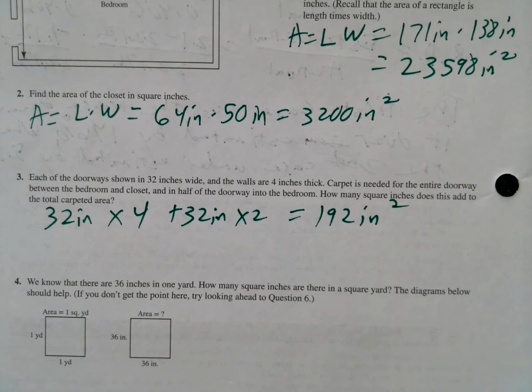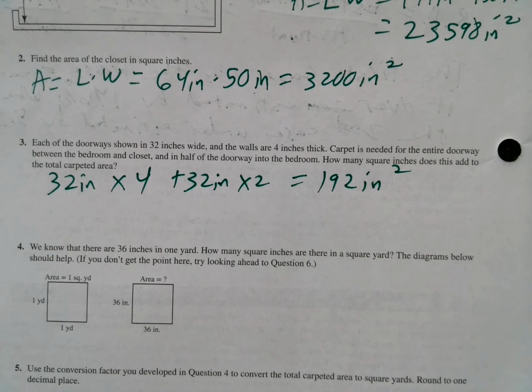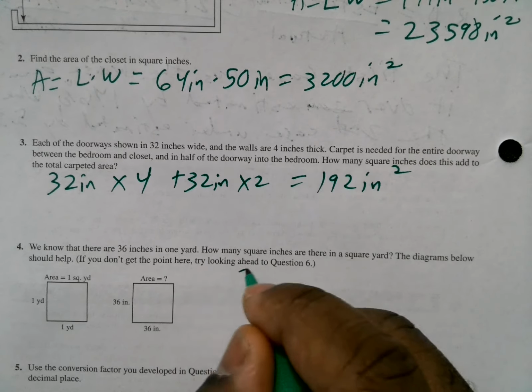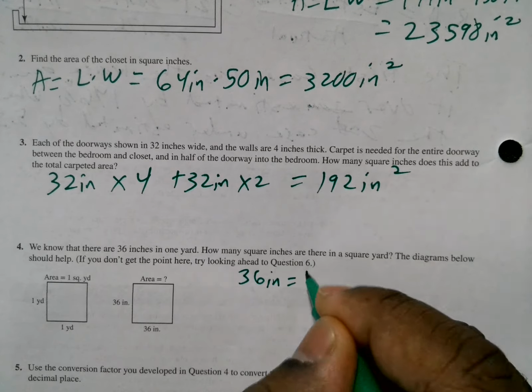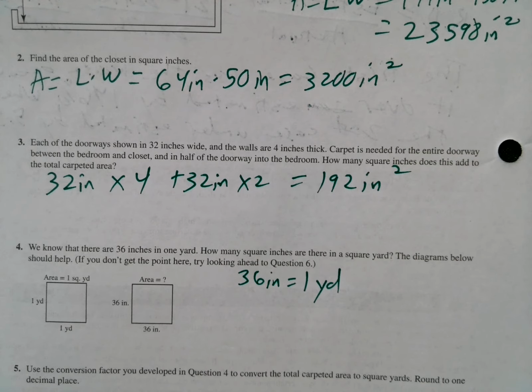Now we move on to problem number 4. It says we know that there are 36 inches in 1 yard. How many square inches are there in a square yard? The diagram below should help. Okay, if we look here, we have 36 inches is equal to 1 yard. Because remember, it's 3 feet in a yard, and if we change 3 feet to inches, that's 36 inches.